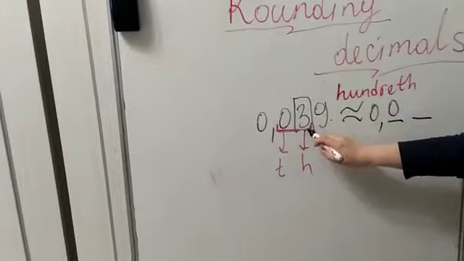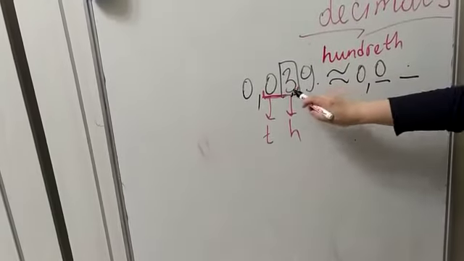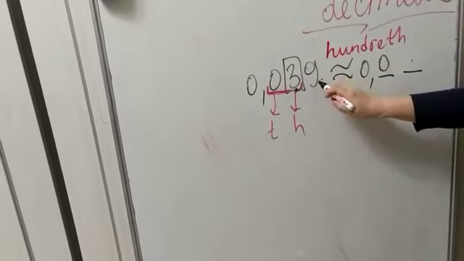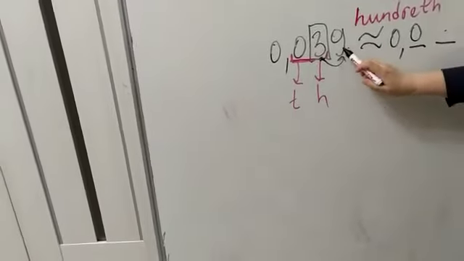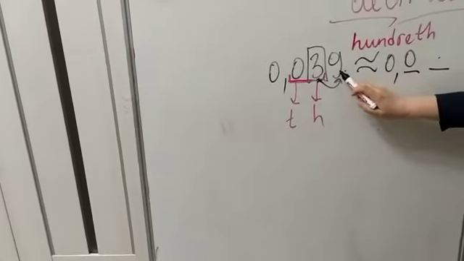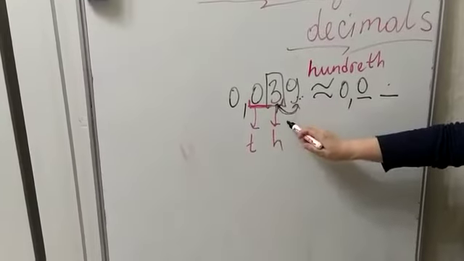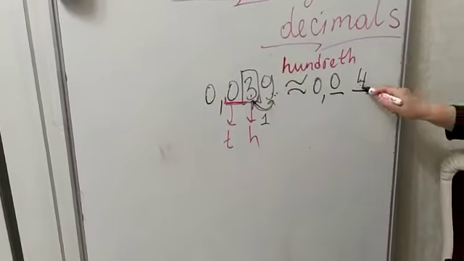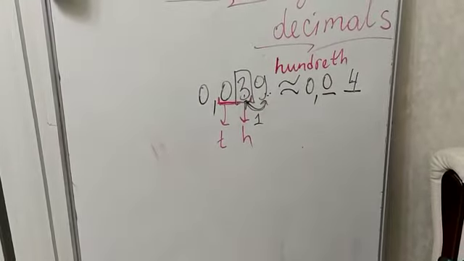To understand whether 3 stays a 3 or becomes a 4, we need to see the next number. If the next number is equal to 5 or bigger than 5, it can help the previous number and add 1. So instead of 3, we write 4. So we rounded this decimal number to the hundredths.